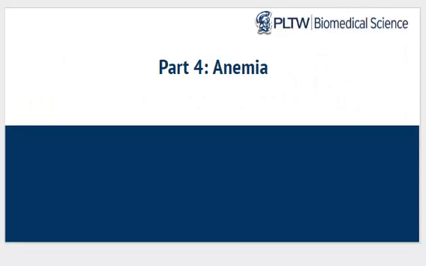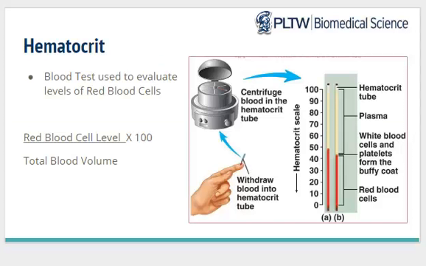When discussing sickle cell disease, it sometimes can be called sickle cell anemia. I wanted to go over what anemia actually is and how anemia is diagnosed. A hematocrit is a blood test that is used to evaluate the levels of red blood cells. In the previous podcast, I went over what the normal value or percentage of red blood cells should be compared to the other components of the blood.